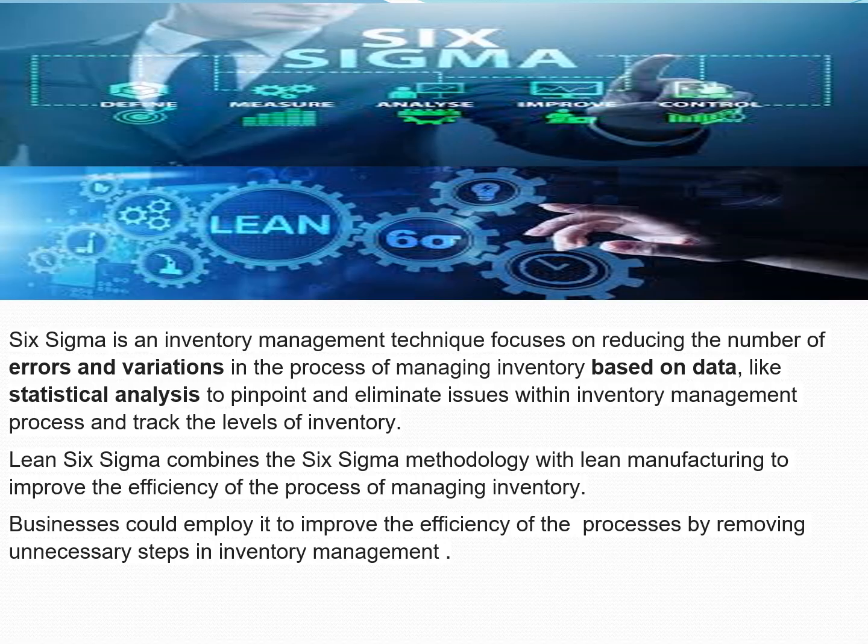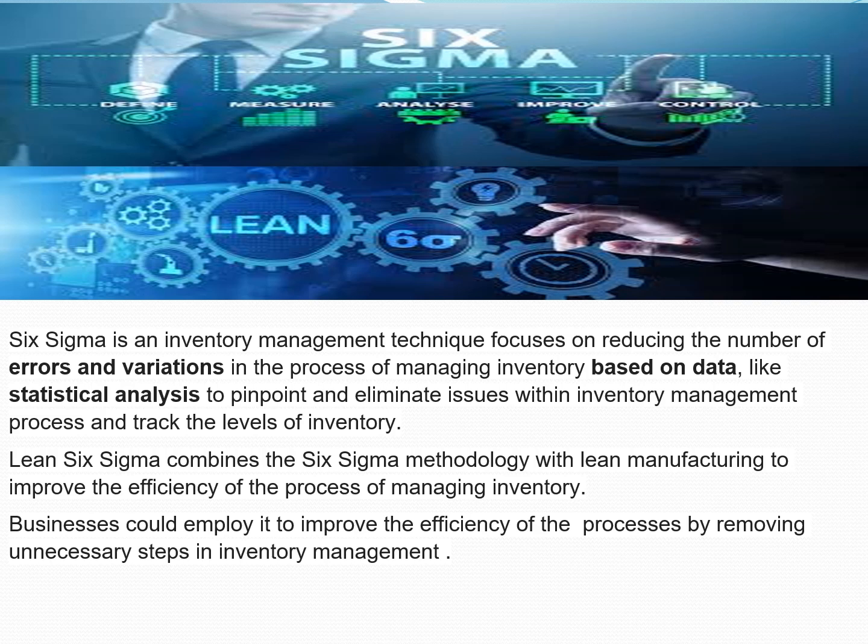Six Sigma and Lean Six Sigma are some other techniques to manage the inventory. Six Sigma is an inventory management method that is focused on reducing the number of errors and variation in the process of managing inventory. We can use this technique based on data like statistical analysis to pinpoint and eliminate issues within the inventory management process.